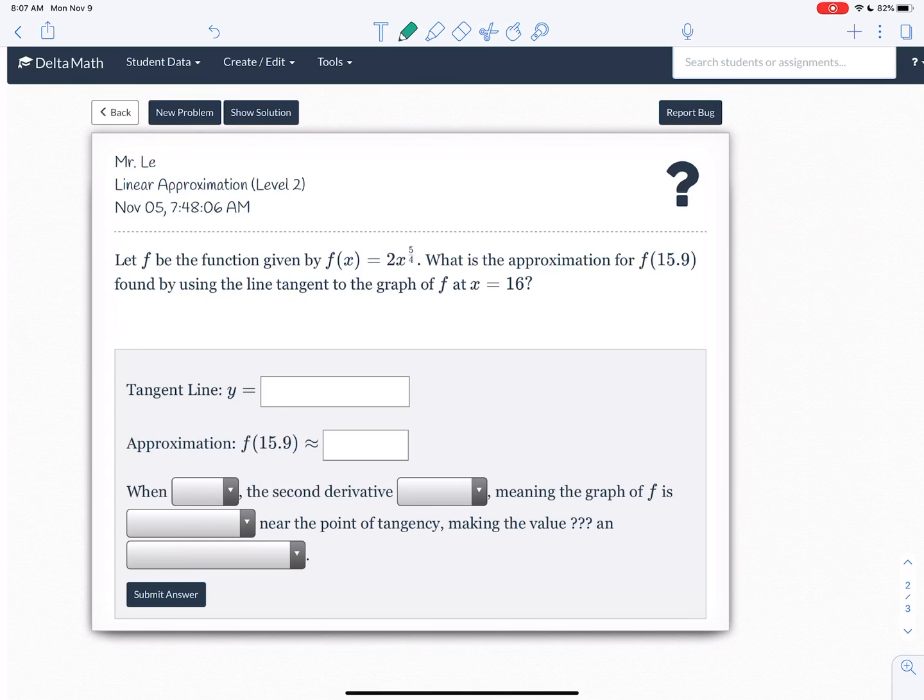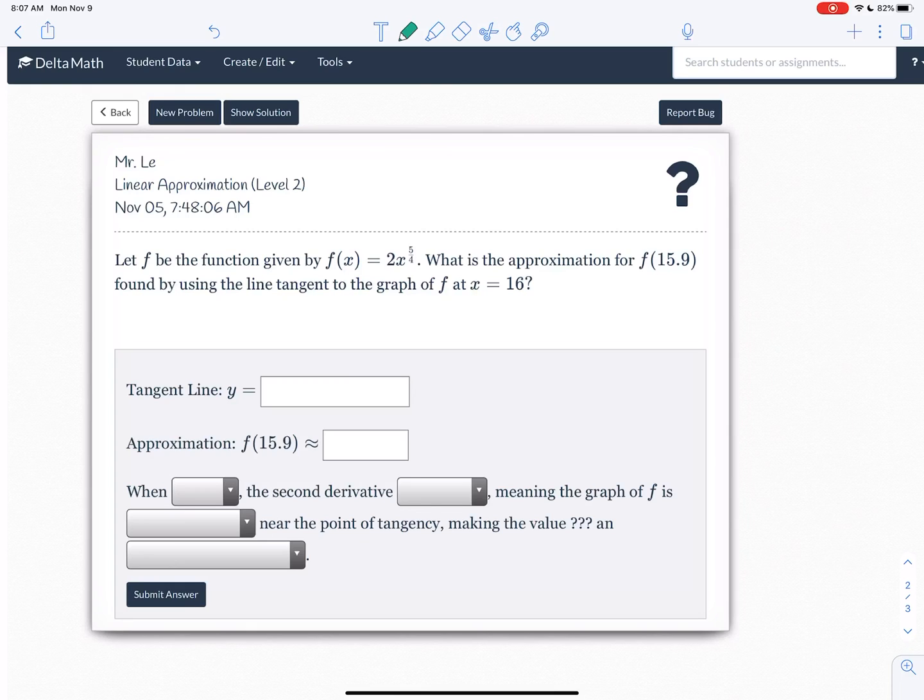What is the approximation for f of 15.9 found by using the line tangent to the graph of f at x equals 16? Now, if you're curious, you can go ahead and use your calculator and try to graph 2x to the 5/4. Make sure that 5/4 is in the exponent.